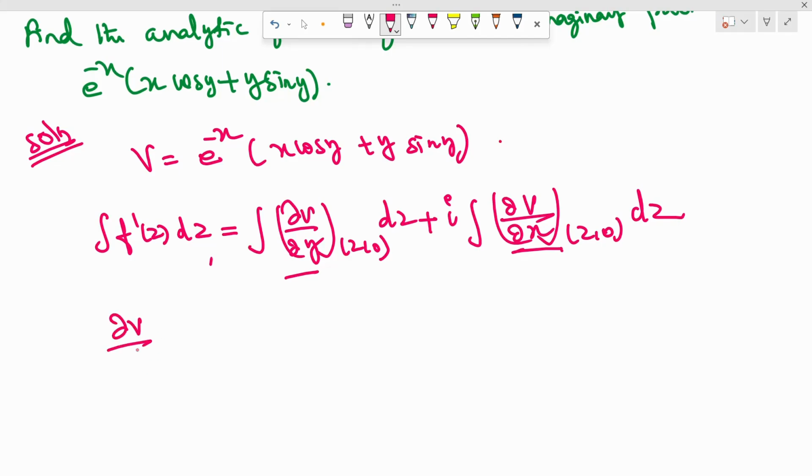First you start with dou v by dou x, partial derivative with respect to x. Okay, here one e power minus x is there, here one x term is there, which means we can't differentiate directly. With the help of UV rule we can easily differentiate. Okay, e power minus x now silent, which is like u.